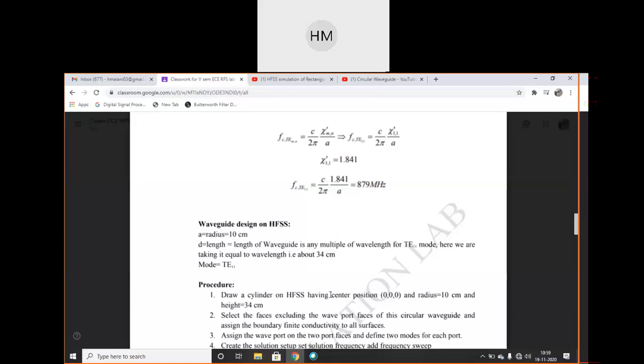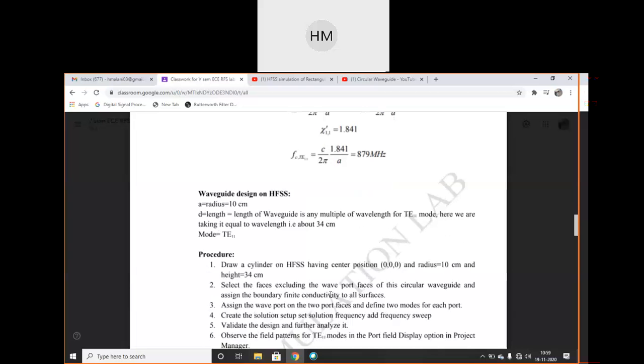Select the faces excluding the waveport faces of the circular waveguide and assign the boundary finite conductivity to all surfaces. Boundary conditions need to be applied, as we did earlier for the rectangular waveguide. Assign the wave port on the two port faces and define two modes for each port.